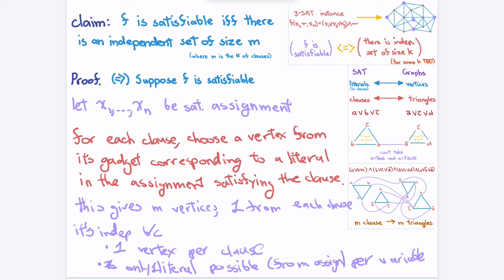The other kind of conflict is coming from opposite literals. Again, in the handwriting of a 5-year-old, I meant to write that I can only choose one literal from each variable because that's the literal corresponding to the assignment. So I double checked that we don't violate any of those types of edges, so it's independent.